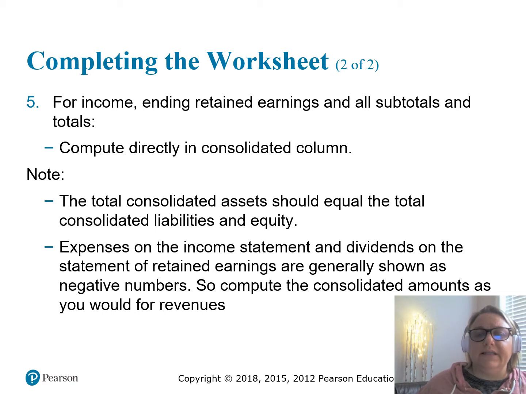The total consolidated assets should equal the consolidated liabilities and equity. Expenses on the income statement and dividends on the statement of retained earnings are generally shown as negative numbers. So just get that on your mind, and then you'll compute the consolidated amounts as you would for revenue.